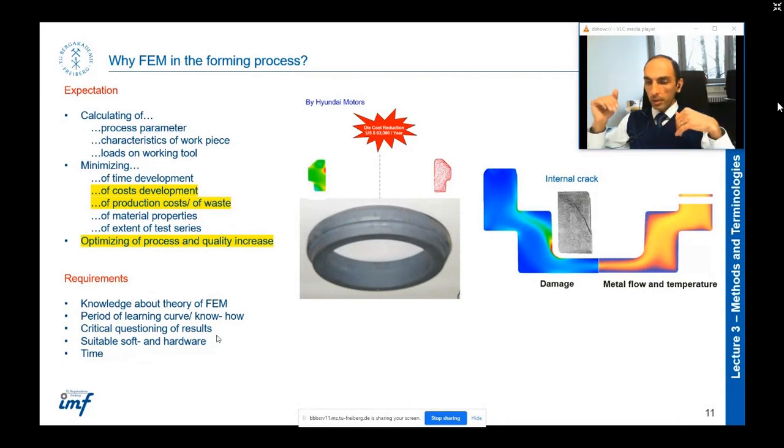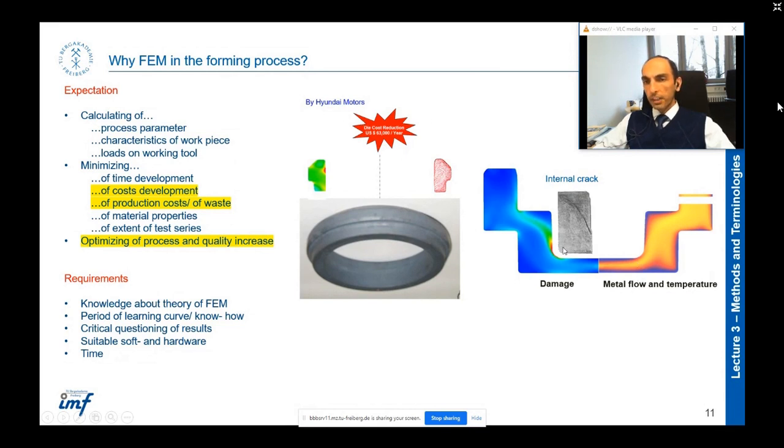This process with simulation can take 1 month. Still, 1 month is 1 month, but it's much less than 1-2 years with that huge amount of time and money you should put in. You can see an example here by Hyundai Motors. They use the simulator for metal forming, the process and the die design, and they could save $63,000 per year instead of trial and error.